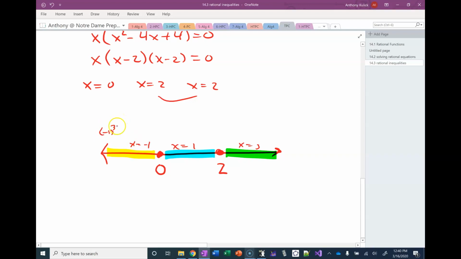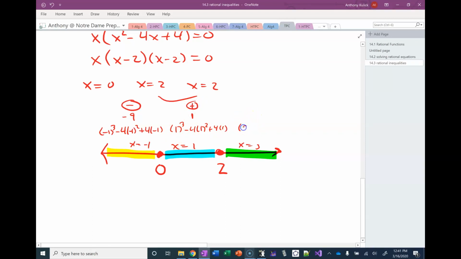So -1 cubed minus 4 times -1 squared plus 4 times -1 gives me -1, -4, -4, so that gives me -9. That's negative. For +1, that gives me 1, -4, +4, so that gives me 1. That's positive.